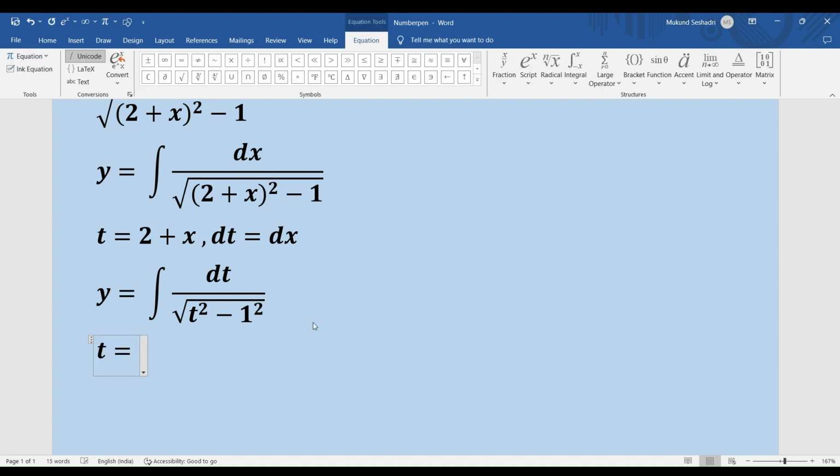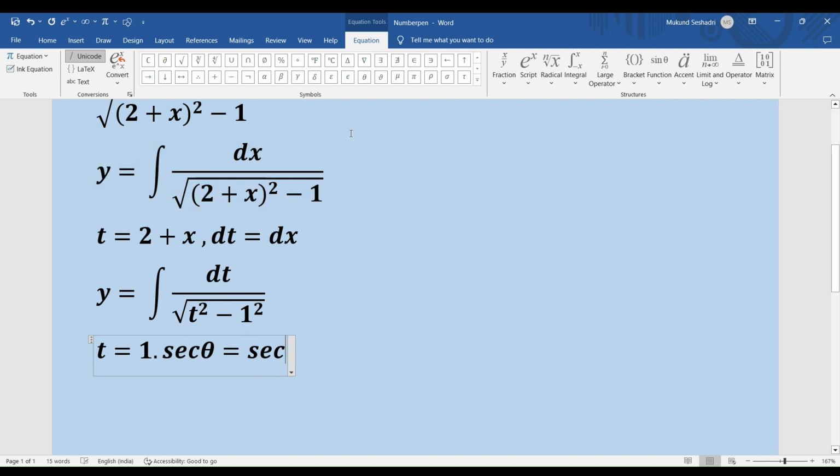So the substitution that we will make out here is t equals 1 times secant theta. And why am I stressing on this particular one? Because we have a 1 square, and let's imagine we had a 2 square out there. The substitution that you would have to make is 2 secant theta, right? So right now in place of a, you have a 1. So the substitution that you normally do is t equals a secant theta, and in place of a, you have a 1 out here. And that's why we're making the substitution t equals secant theta.